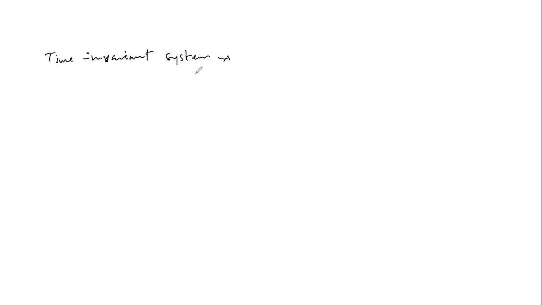Meaning, should a signal be time delayed at the input, and we obtain an equivalent output delayed by the same time shift, then we say this system is time invariant. It does not depend on the time. And this is for delay, same for advance.